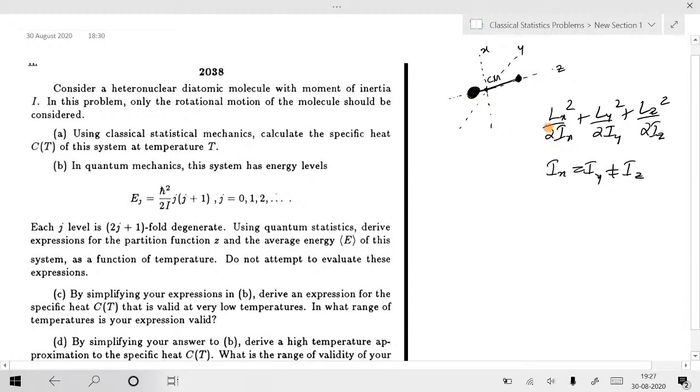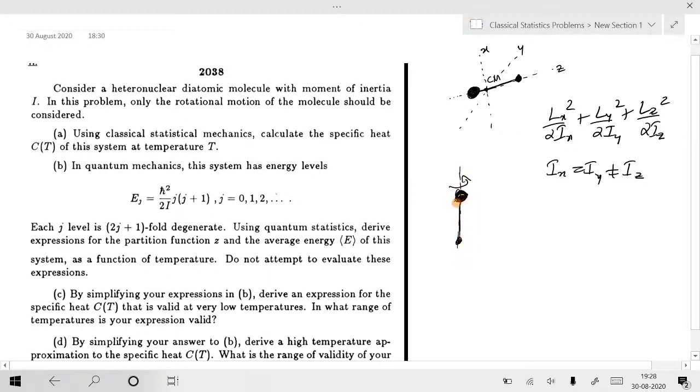Now there will be no kinetic energy if it is rotating about the z axis. If a diatomic molecule rotates about the internuclear axis, there will be no kinetic energy because of that rotation. If you rotate about this axis, there will be no distribution of mass, so the rotational kinetic energy when you rotate a dumbbell about this kind of axis is very low.